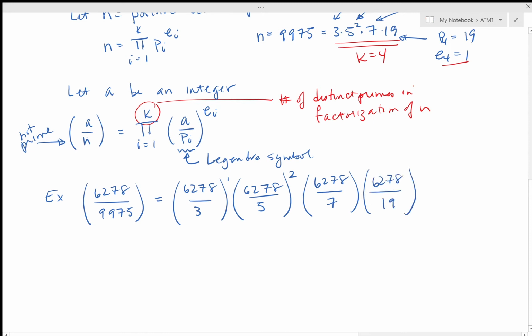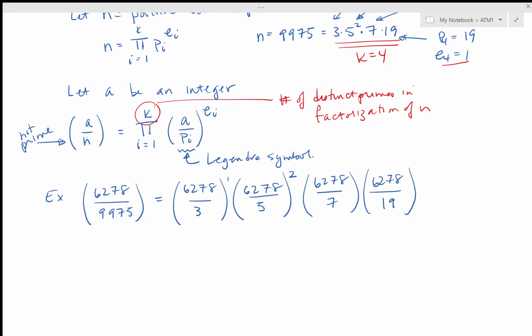So we would need to calculate all of those Legendre symbols, each of which is most likely going to be 1 or -1. If one of them is 0, of course, then the whole thing goes to 0. But so long as none of these primes evenly divide 6278, all of these will be plus or minus 1, and then the result will be plus or minus 1.